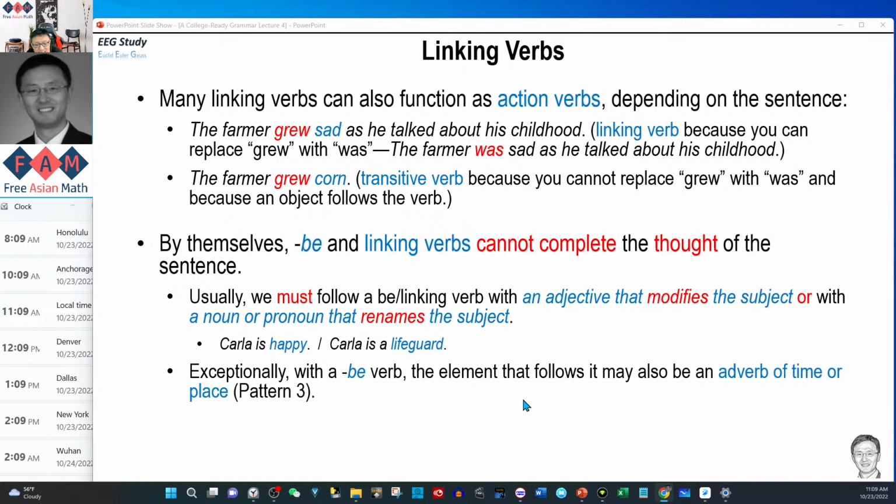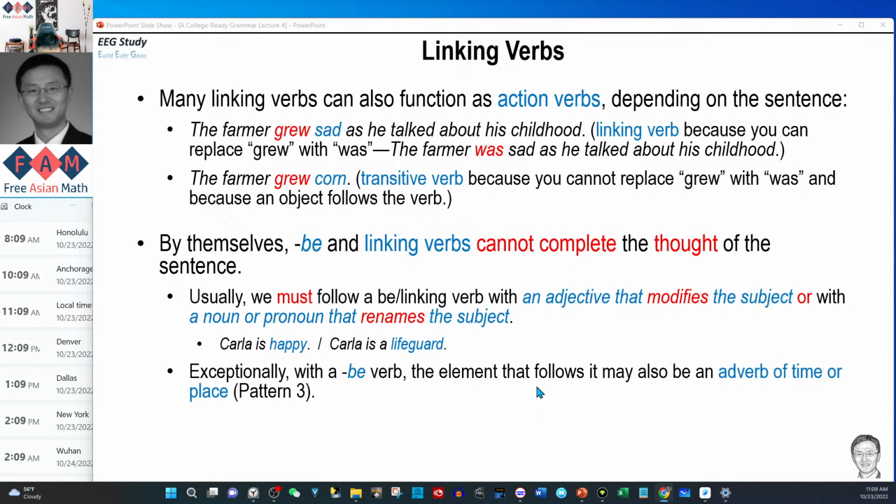In that case, the adverb just tells something about the subject, but is not inherently part of the character of the subject. Okay, so that's in pattern 3.